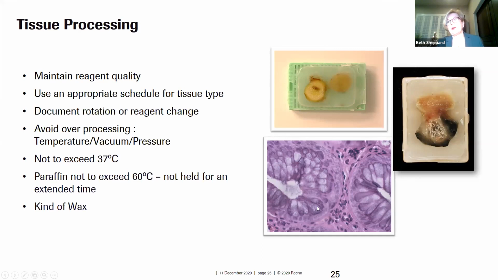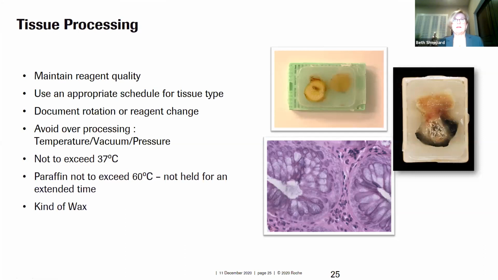The nuclei are usually pushed to the edge of the actual cell, and it is nearly impossible to change this reaction once it happens, other than taking another sample. So you have to use the appropriate schedule for the tissue type. So in other words, biopsies versus resections. For example, brain is a very dense tissue and needs to be processed a lot longer.